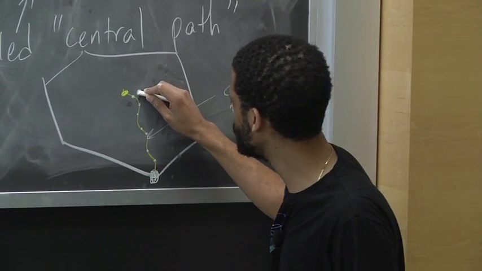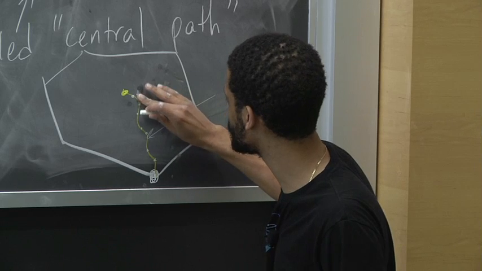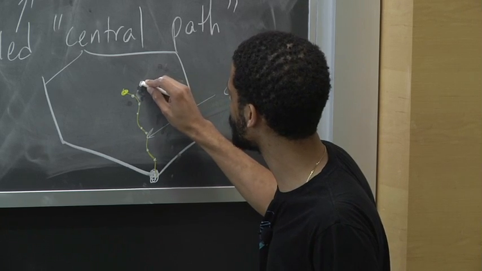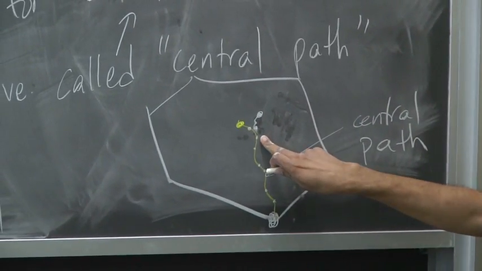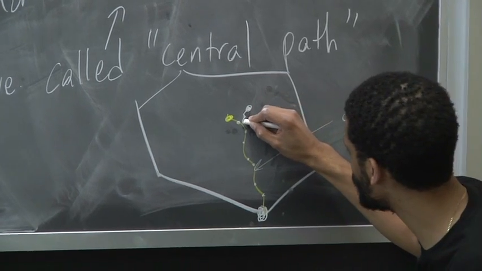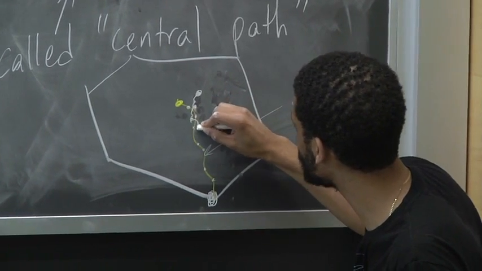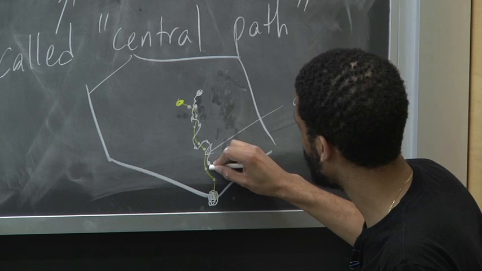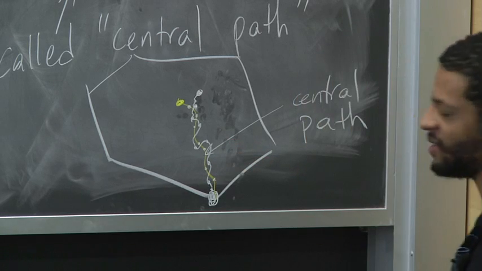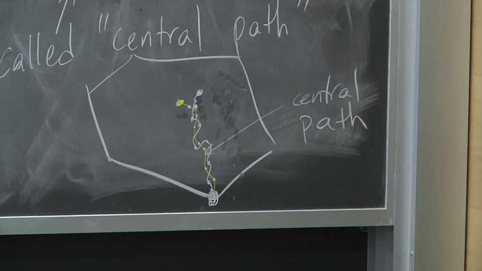And then we refine it to get even closer. And then now we use that as the approximate solution for this thing. And then we iterate and try to get closer. And we just keep staying near the central path. We never quite get on it, but that's roughly what the algorithm does.